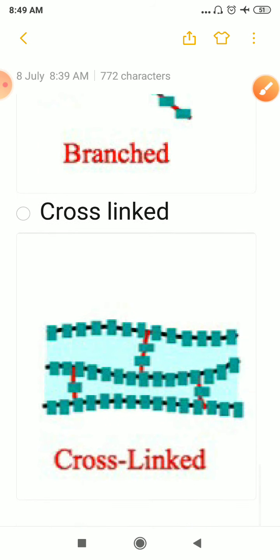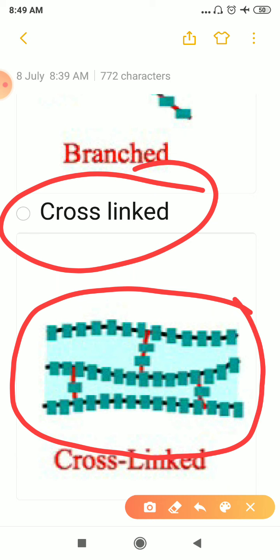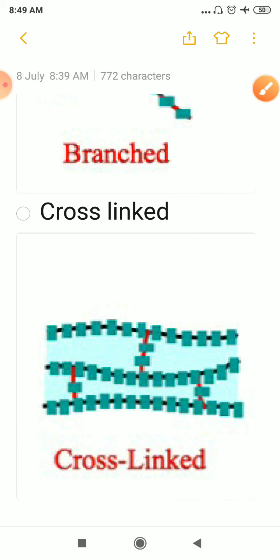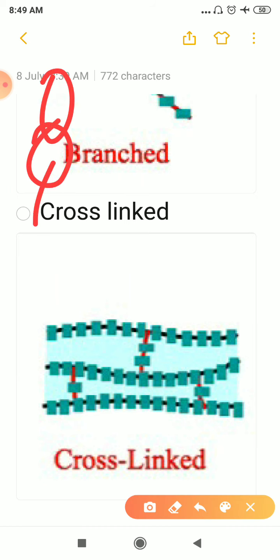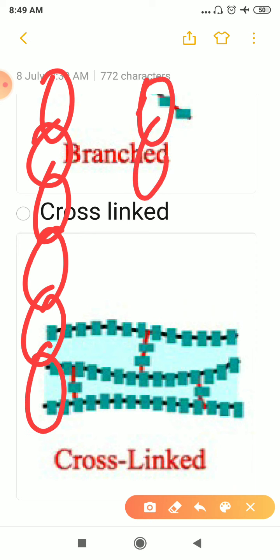The third one is cross-linked polymer. In this, you can see in the figure, there are linear polymers and they are cross-linked with each other. This is one linear polymer. This is the other linear polymer.